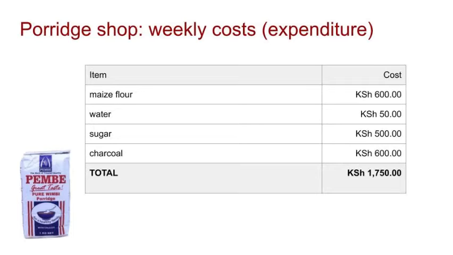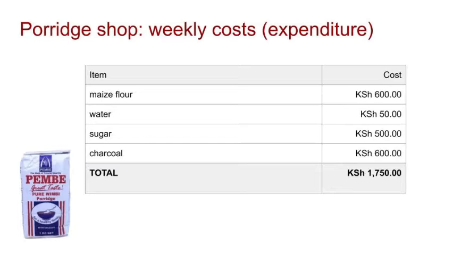Now, again, with our example, if you add all those things up, it looks like we will need to spend every week around 1,750 shillings. So at this point, we know what our one-off startup costs are, and we now know what our weekly costs are.